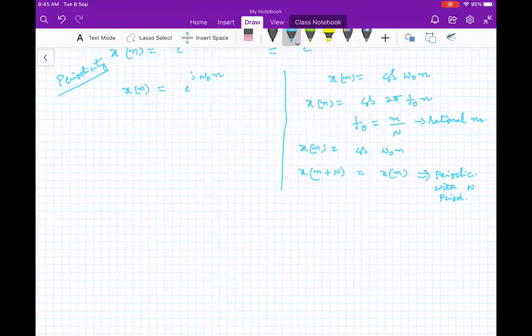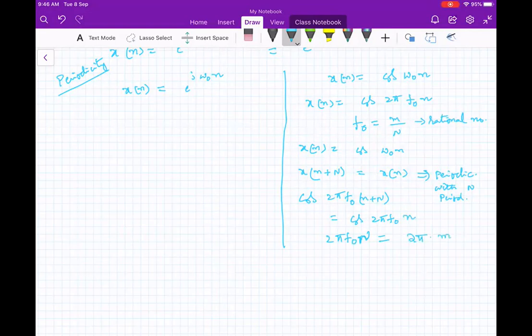So what we say here is, we will use cos of 2 pi f naught into n plus N, is equal to cos of 2 pi f naught into n. So when will this happen for a cos signal? 2 pi f naught into capital N has to be what? 2 pi, sir. Yeah, either 2 pi or integral multiple of 2 pi.